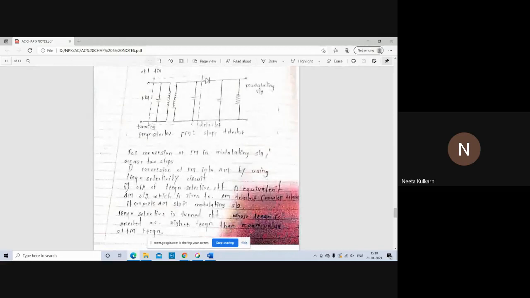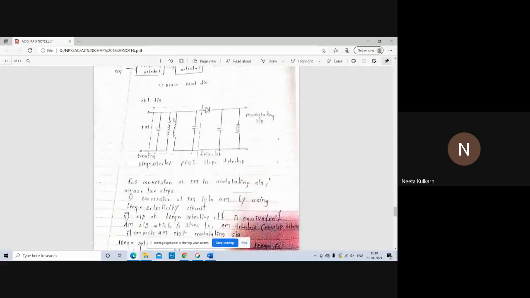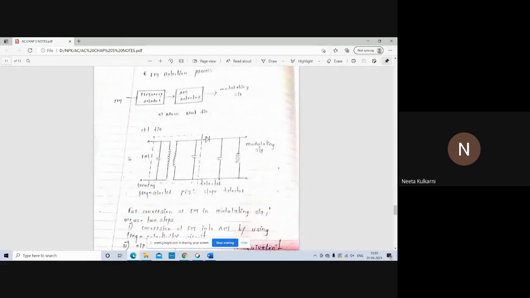Then what is the drawback of this slope detector? What is expected here is that the maximum frequency of FM should give the maximum amplitude of AM, and the minimum frequency of FM should give the minimum amplitude of AM. That is quite a natural expectation. But still, that is practically not happening.